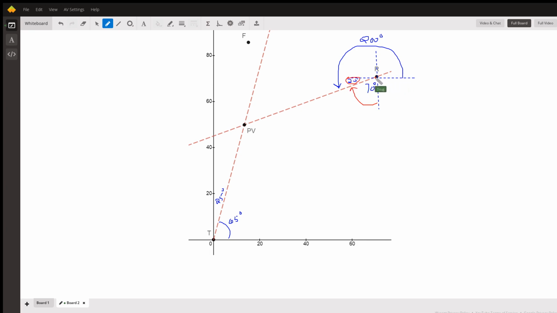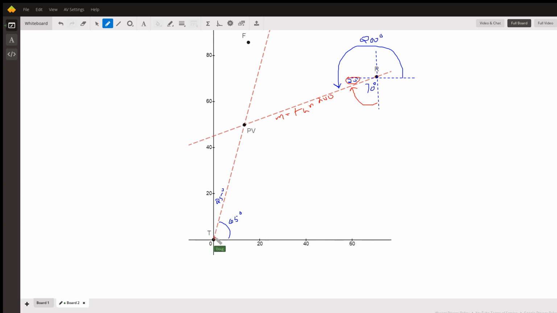And so the angle of this first red dotted line from R to PV is 180 plus 20, or 200. So the slope of this line is the tangent of 200. So the equation of this line, and I'm not going to write it out, is y minus 50 radical 2 equals tangent of 200 times the quantity x minus 50 radical 2.